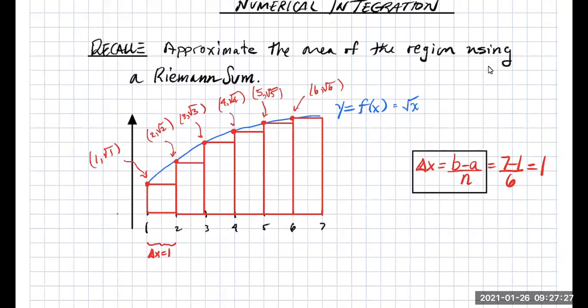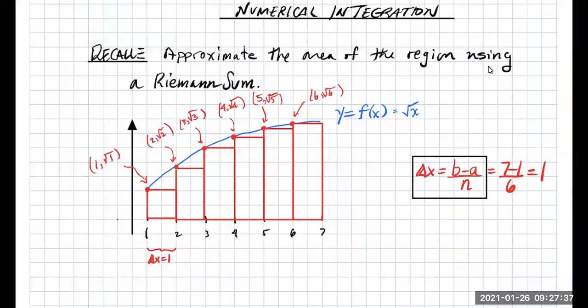We don't have to approximate the area because we know we can find the antiderivative of the square root of x. What I want to point out to you, though, gang, is this. Notice how much of the area under the curve is unaccounted for. For example, here. Okay, and then there's some right here.